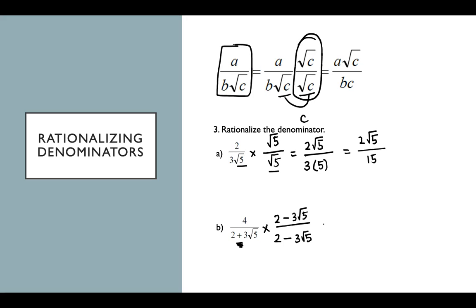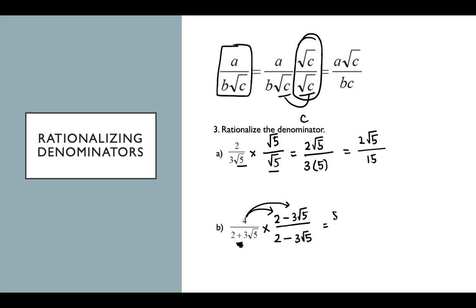Okay. I should be going vertically down, but I'm just out of space. For the numerator, you're going to multiply, do the distributive property.